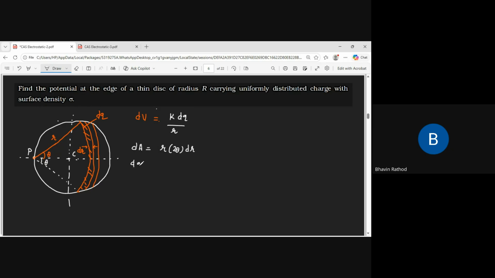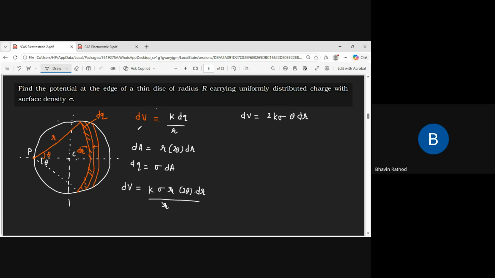Hence the charge dq will be sigma into dA. Let's put that in the potential. We'll have k into sigma into r into 2 theta into dr divided by r. So the r cancels and this gives us dV as 2k sigma theta dr.